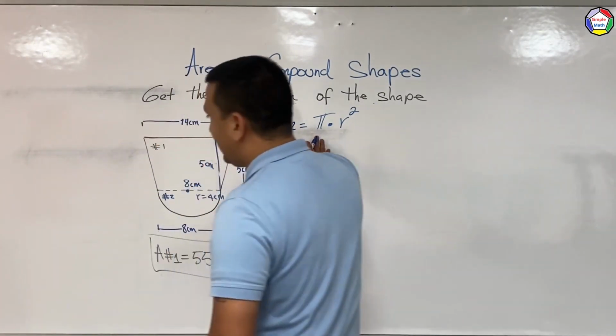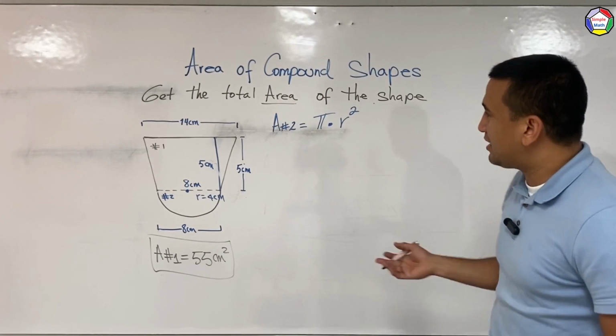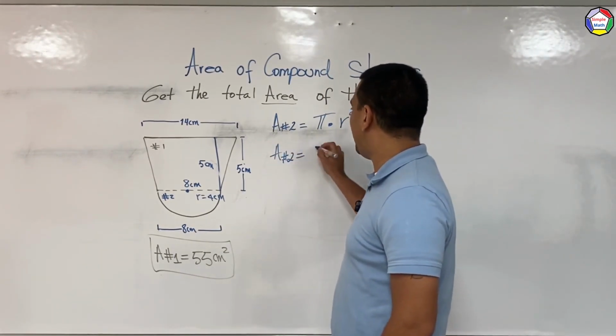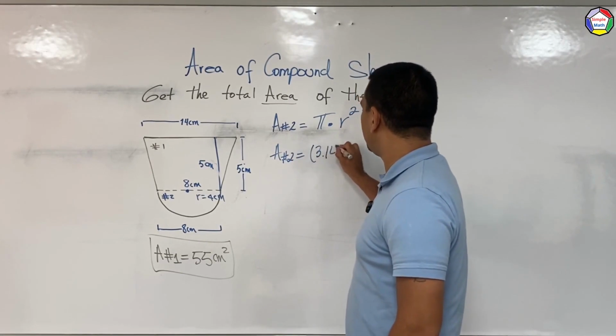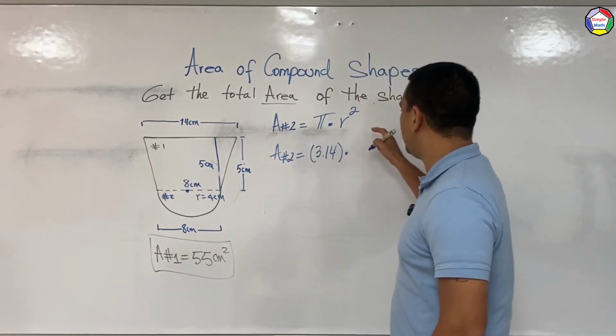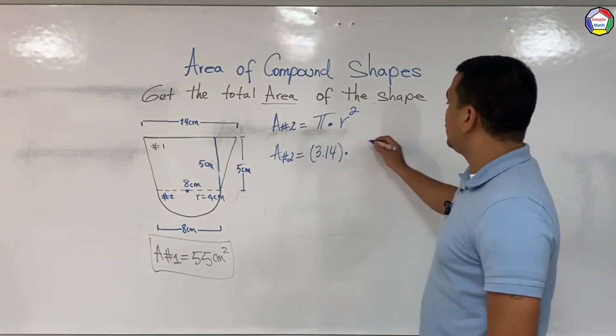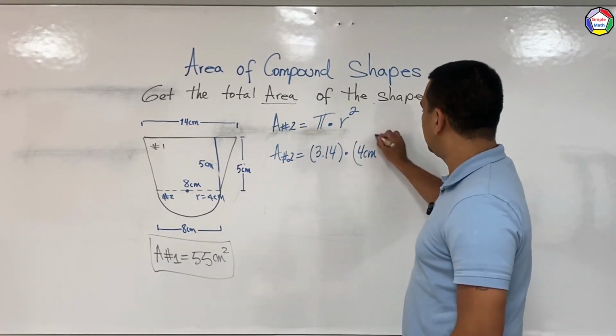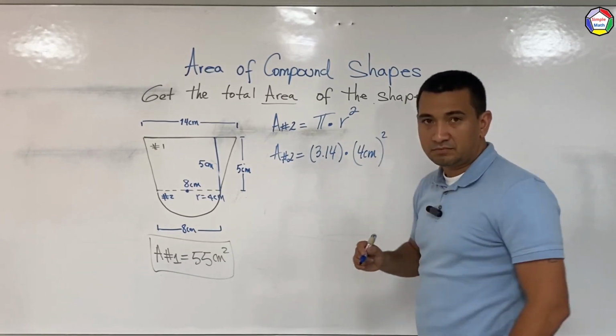So we have pi, we have the radius, so we can calculate the area. The area of shape number 2 is equal to pi, 3.14, times the radius to the power of 2. The radius is 4, so we have 4 centimeters to the power of 2.